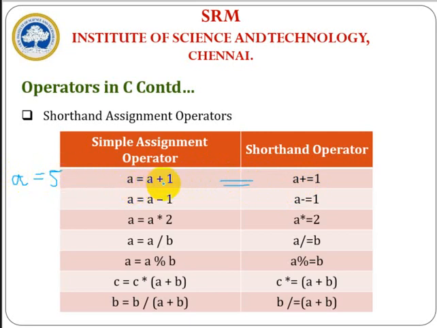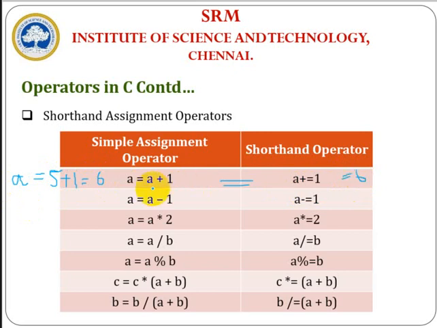For a = a + 1, what is the output of a? It is 5 + 1, which is 6. The shorthand gives the same output for this statement.